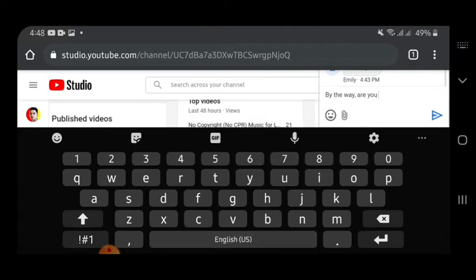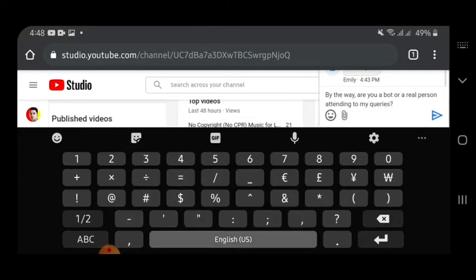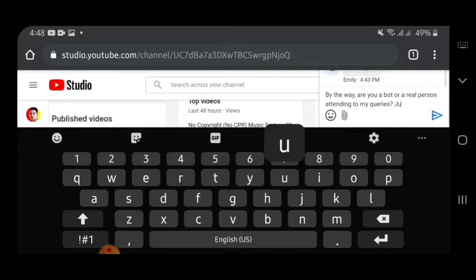In this chat, just for me to verify whether the agent is a bot or an artificial intelligence or a real person, I ask this question. "By the way, are you a bot or a real person attending to my queries or questions?" Then you'll be surprised that it's really a person. It's really a true person replying to our queries.